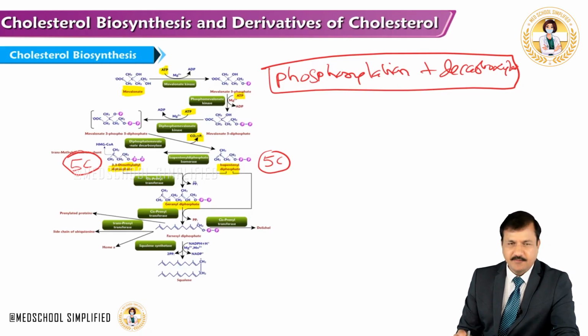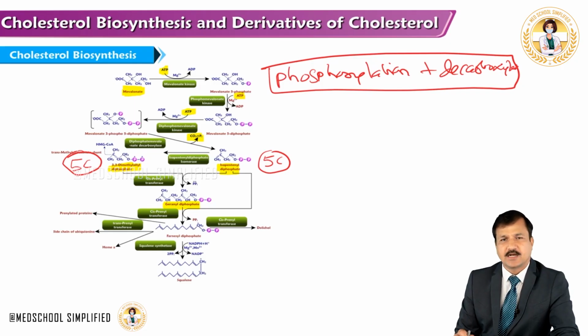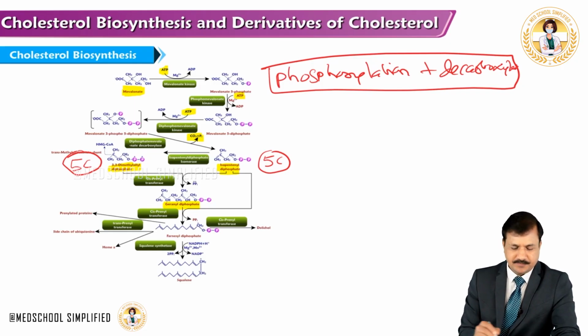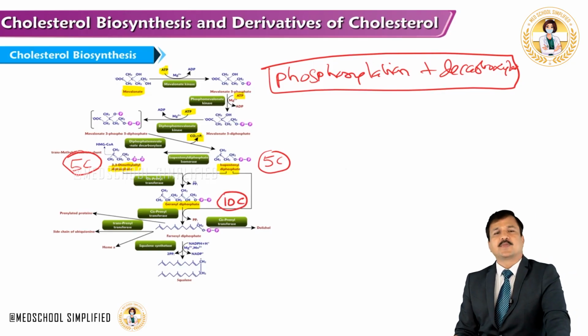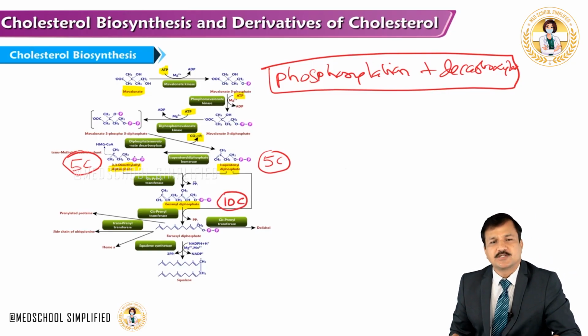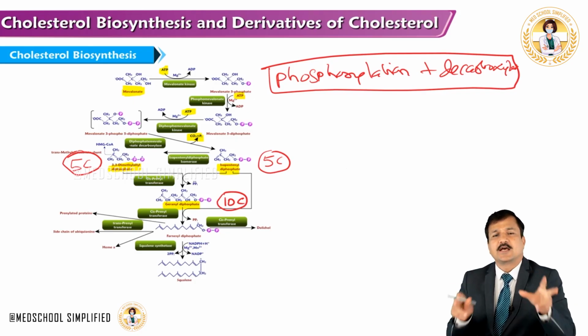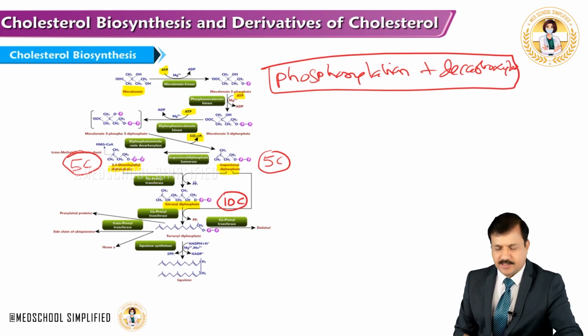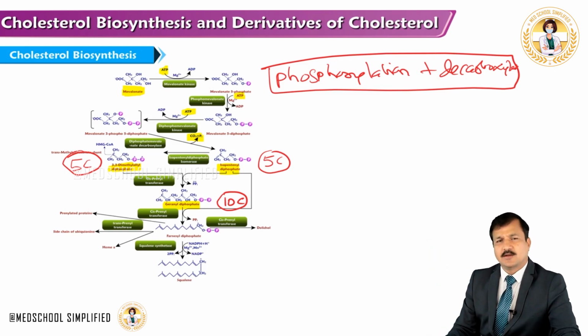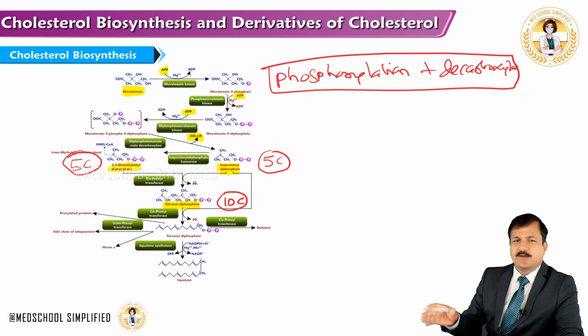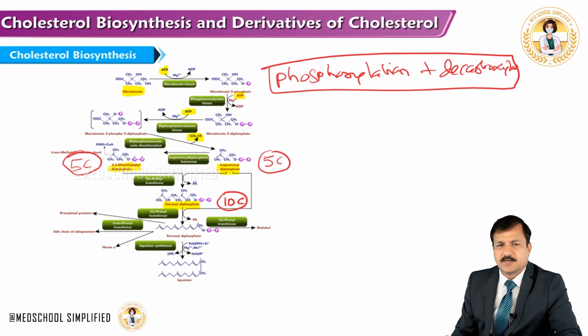This geranyl diphosphate is a 10-carbon molecule. So we have a 10-carbon unit here. Basically this 10-carbon geranyl pyrophosphate has 2 isoprenoid units.